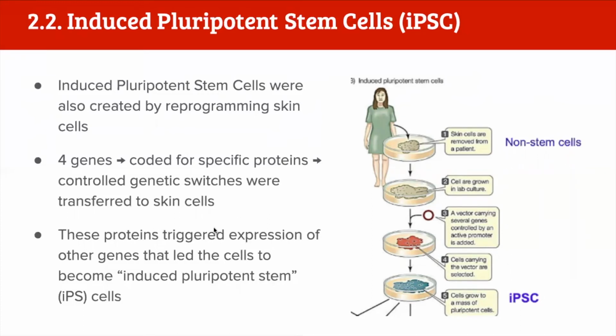And then these proteins triggered expression of other genes that then led the cell to become induced pluripotent stem cells. Okay, so that's just this diagram here. You've got non-stem cells, so normal skin cells are removed from the patient, a vector carrying the genes is added, and then they grow into a mass of pluripotent cells.